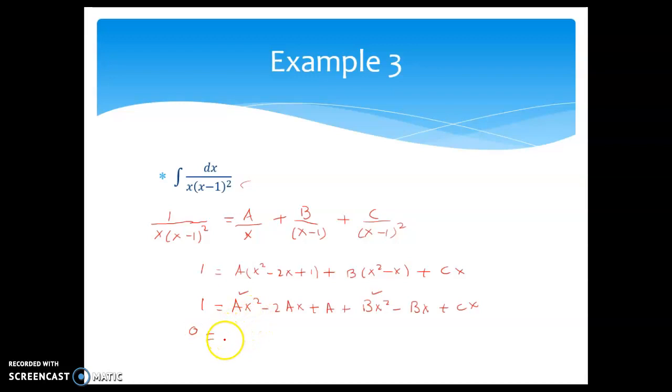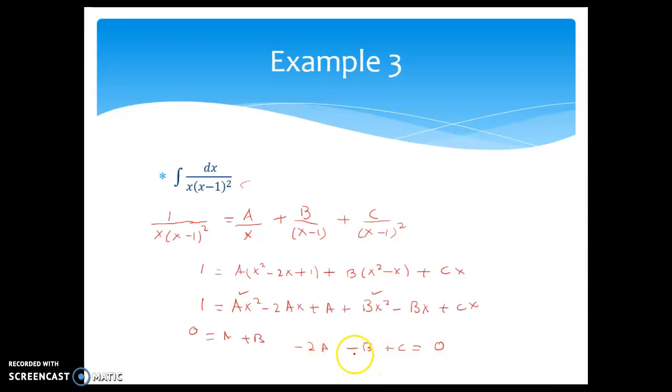So here I'm going to have a plus b, and then we don't have x here, so we're going to have negative 2a minus b plus c equals 0.